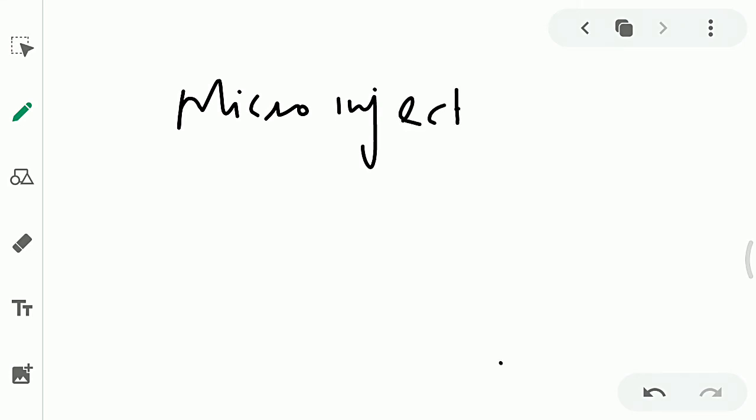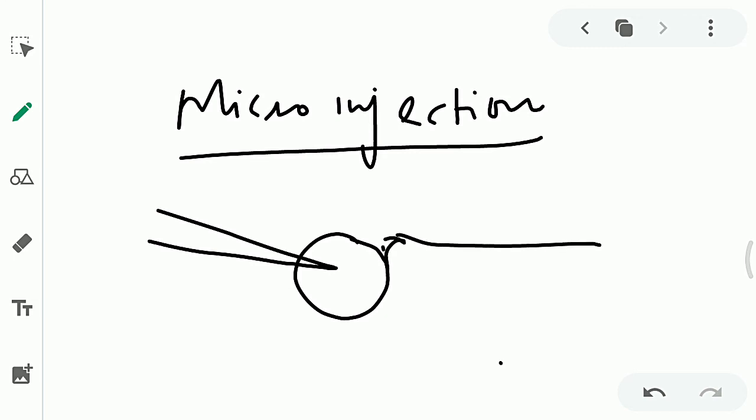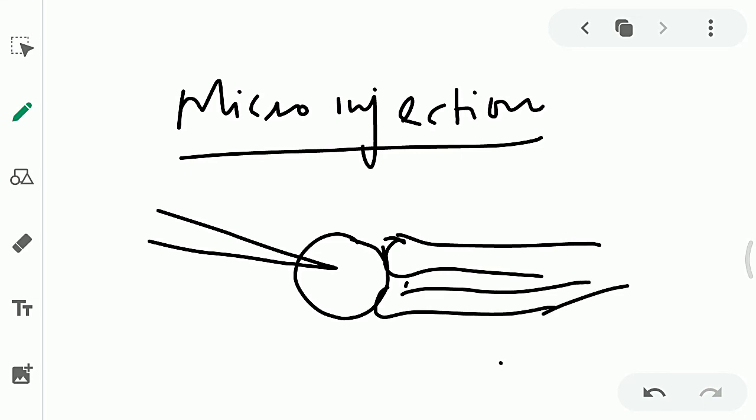Microinjection. This is another method of gene delivery into the cells where we directly inject the DNA into the host cell by using a needle. So this is an injecting needle or micro syringe. To hold the cell, we use another pipette that is known as a holding pipette.